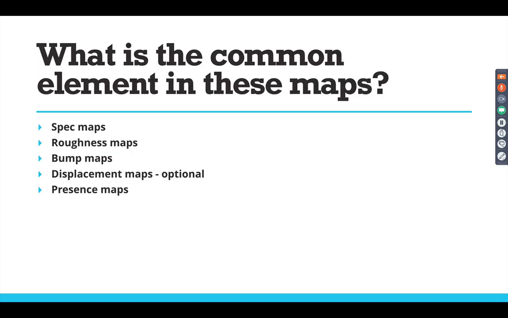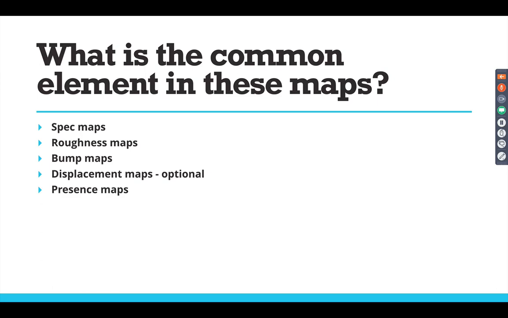All right. So, 3 out of these 5 maps we've gone over: spec maps, roughness maps, bump maps. What do they have in common with each other? Black and white, right. 0 to 1.